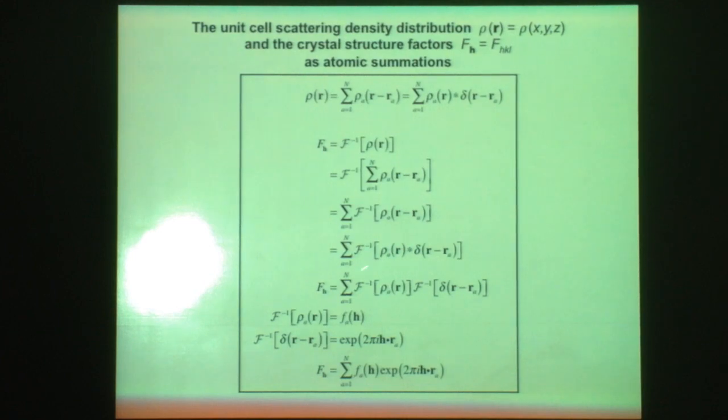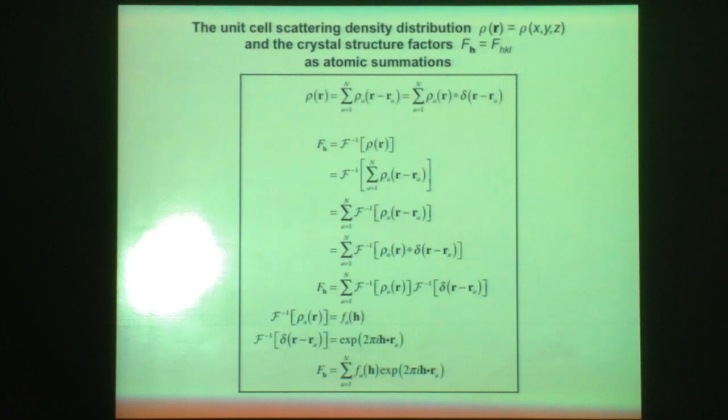Right? So the Fourier transform of a convolution product is the product of the Fourier transforms.